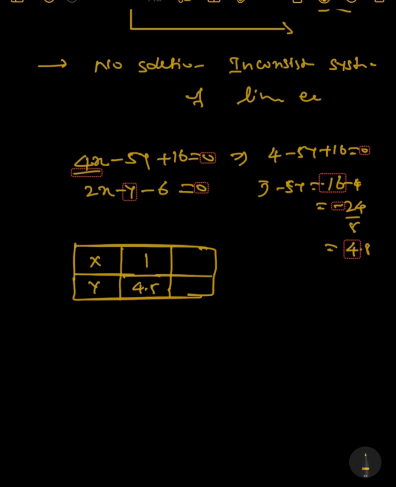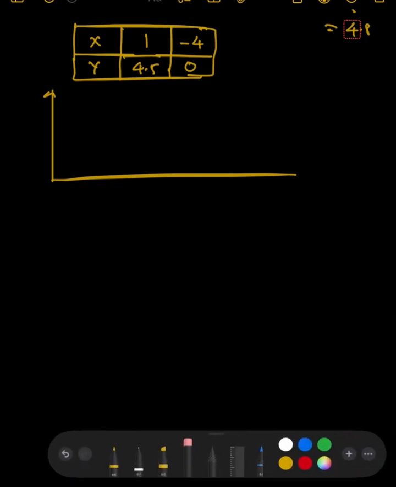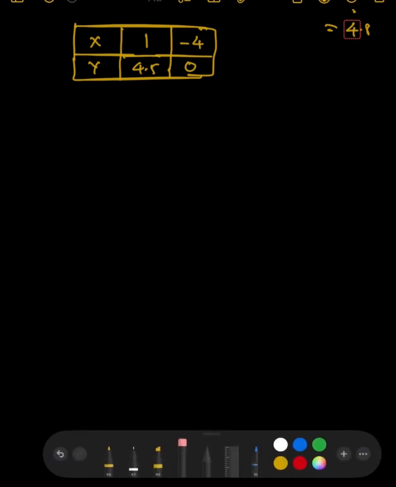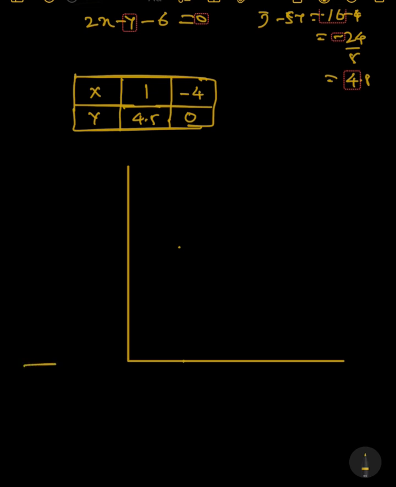And if taking y equal to 0, then x will be minus 4. Then we will draw a line like this. We will plot x equal to 1 and y equal to 4. Suppose this is the point, and x equal to minus 4, y equal to 0.